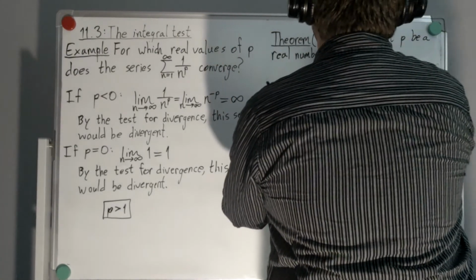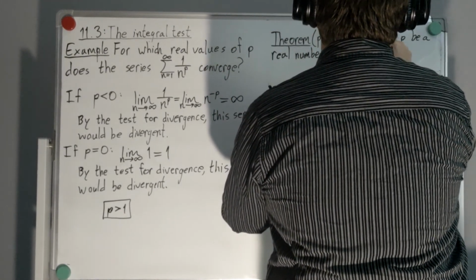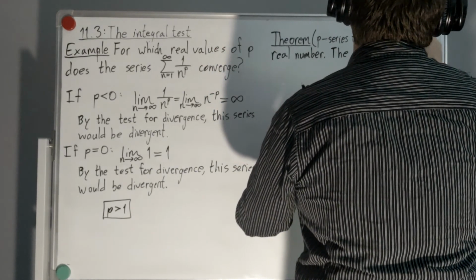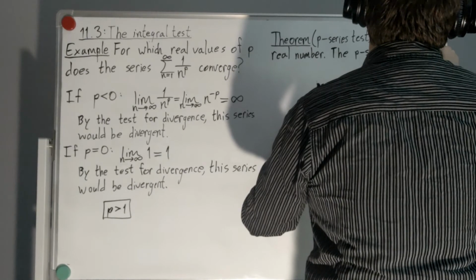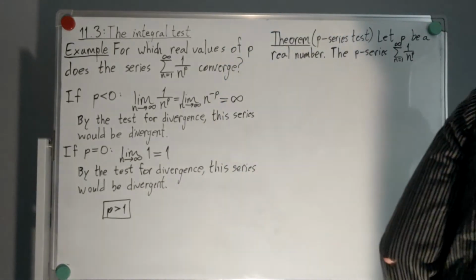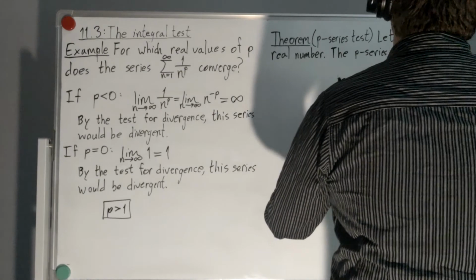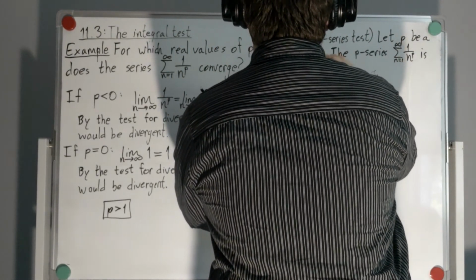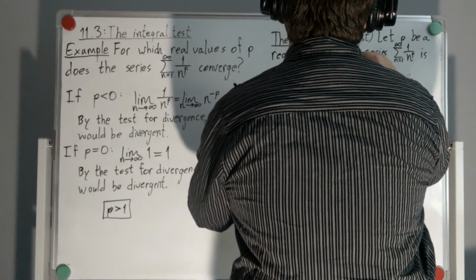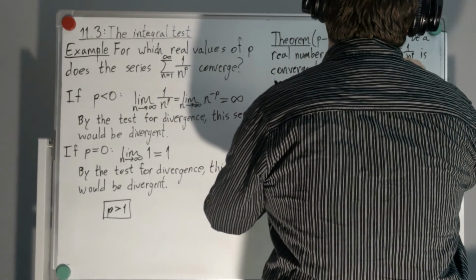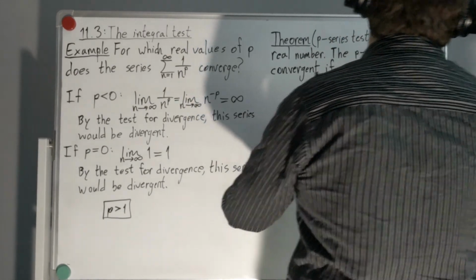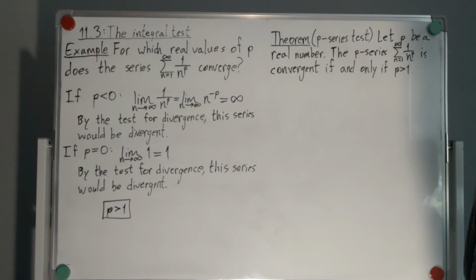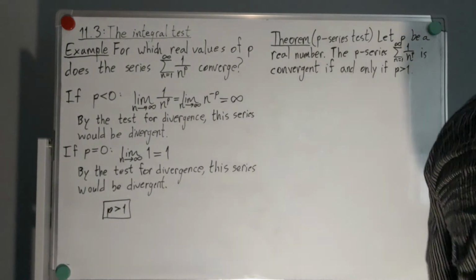The p-series, which is just the sum from n equals 1 to infinity of 1 over n to the pth power, is convergent if and only if p is greater than 1. Okay.